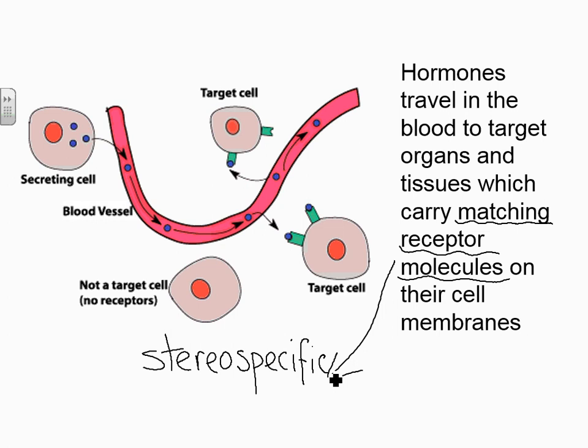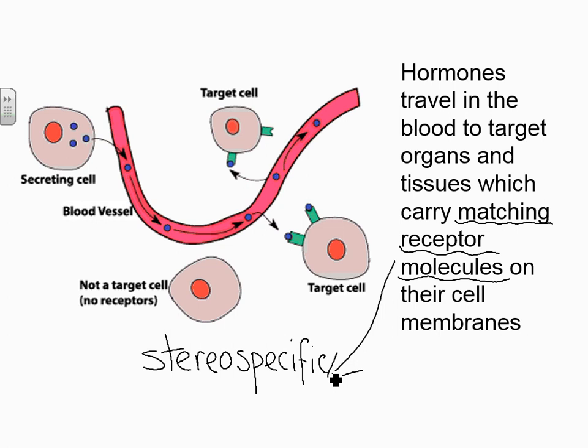So up here on the left, you can see a secreting cell that's producing hormone molecules, which are little blue circles. That circulates in the blood until it arrives at some cells down here at the bottom that say not a target cell, and the reason it's not a target cell is it doesn't have the receptors. And then we've got our two target cells over on the right that have ridiculous receptors that look like they're sticking out from the surface of the cell. They don't, of course.